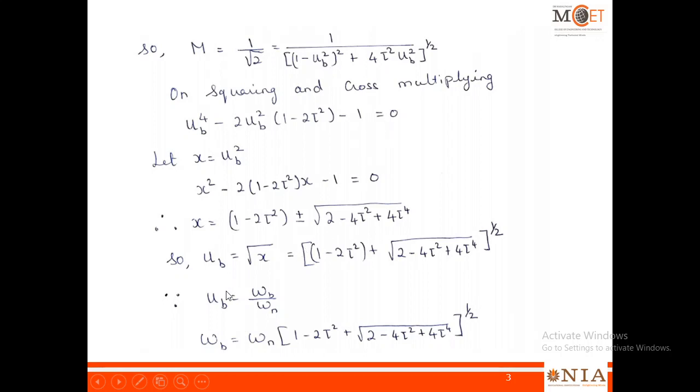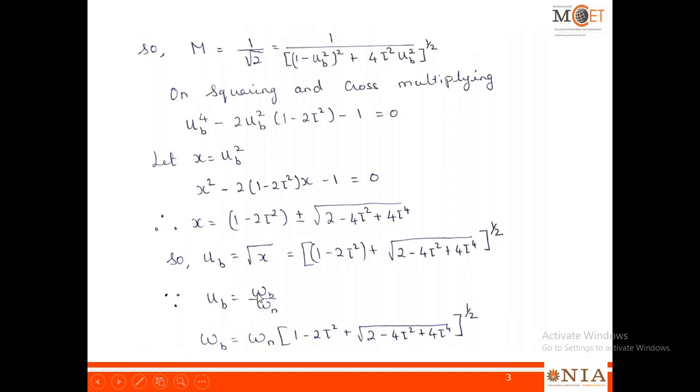After finding ub, the ub expression is here. You know that normalized frequency is always the frequency divided by the natural frequency. So to get omega b, ub has to be multiplied with omega n. Frequency by natural frequency is the normalized frequency.